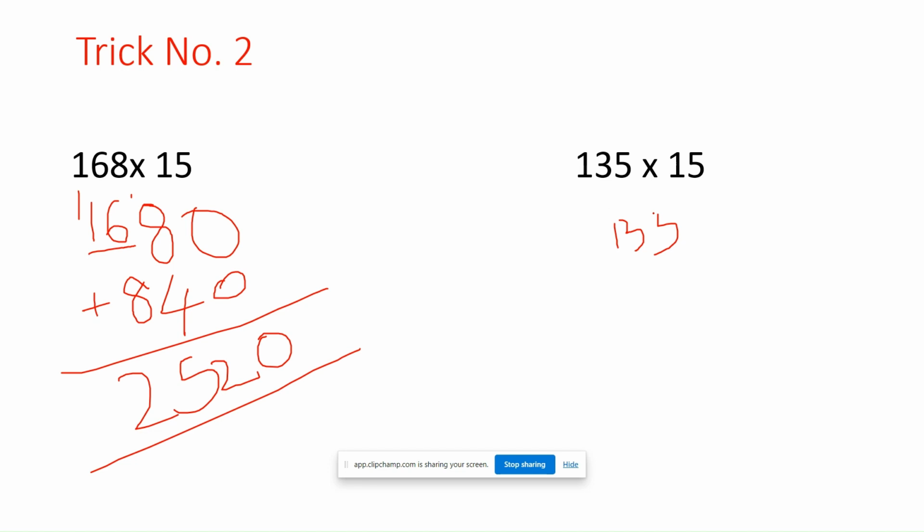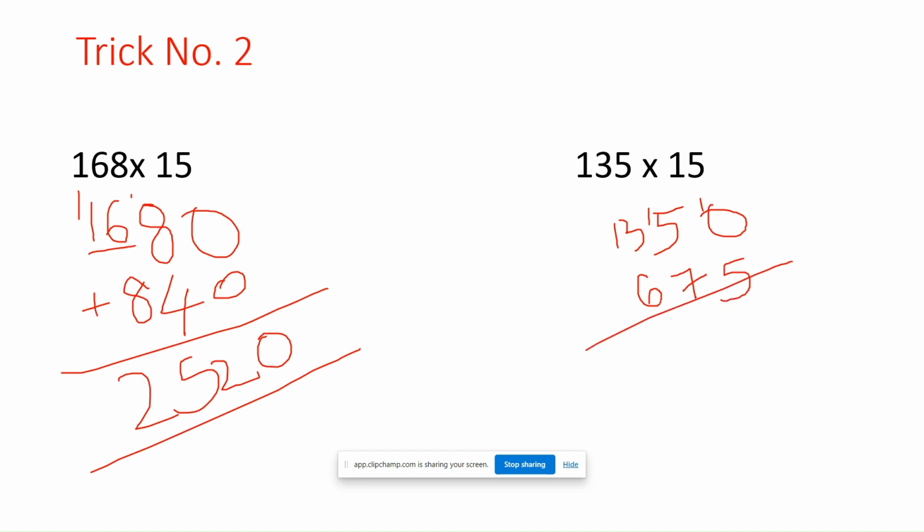135, I will write as it is. I'm adding 0 to this number. If you don't know how to do half of this number, you can just multiply this number by 2. If you do multiplication with 2, you will get, see, 2 sixes is 12, 2 sevens is 14, and then 2 fives is 10.